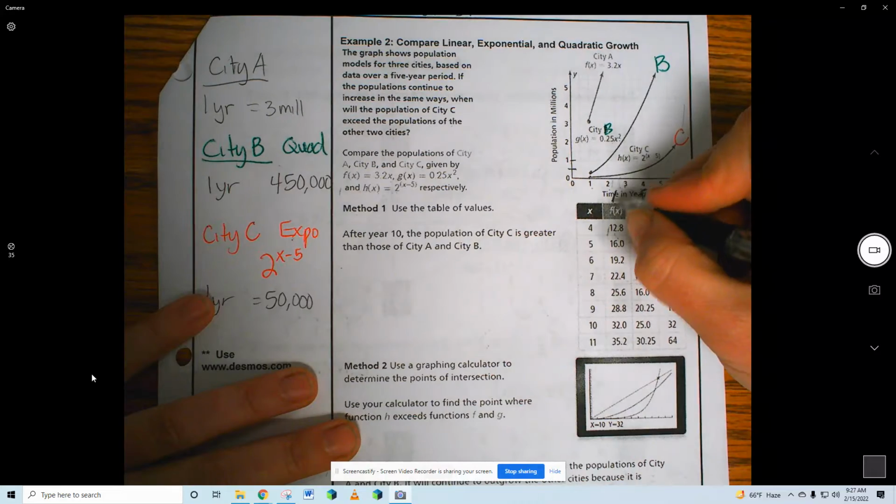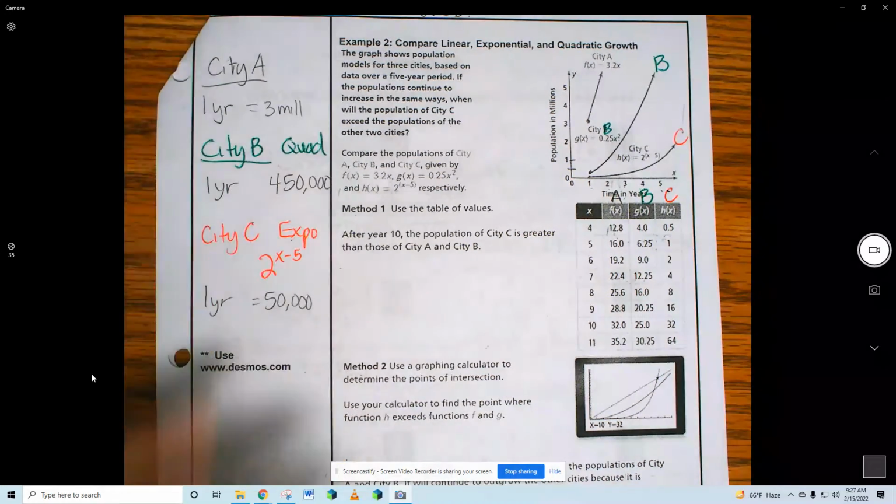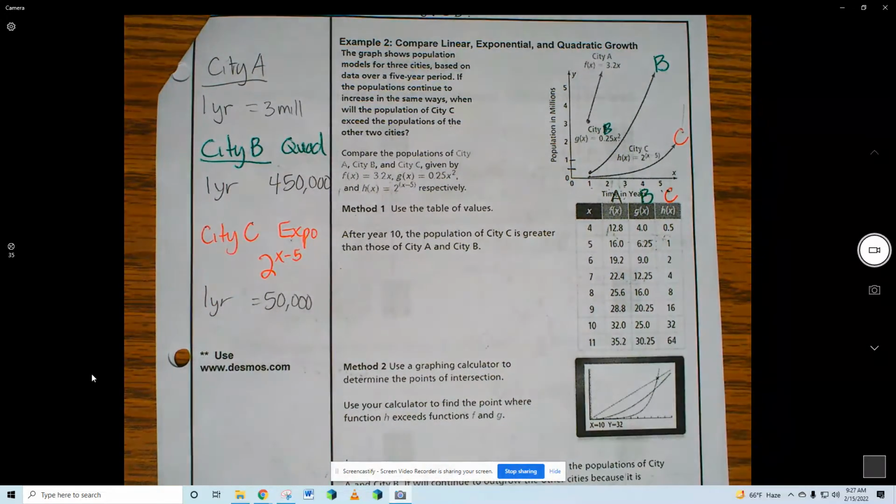So in 4 years, city A has 12 million people, city B has 4 million people, and city C has 500,000 people. Are you getting this 3-column thing? It's like a multi-layered table of values.